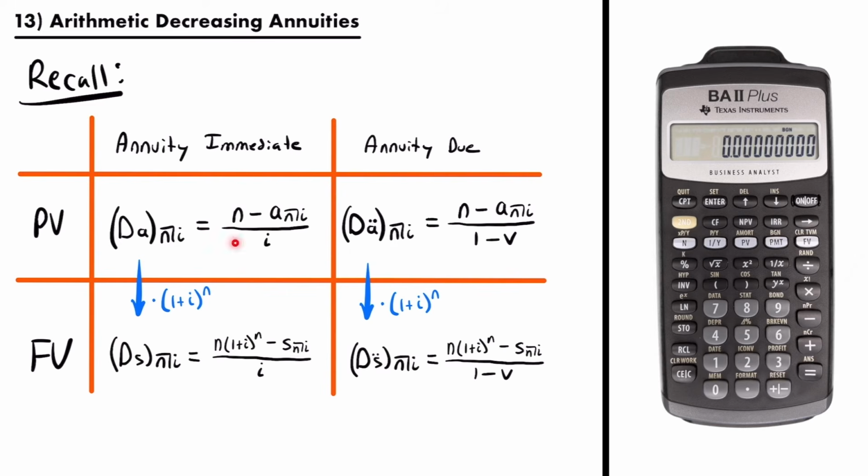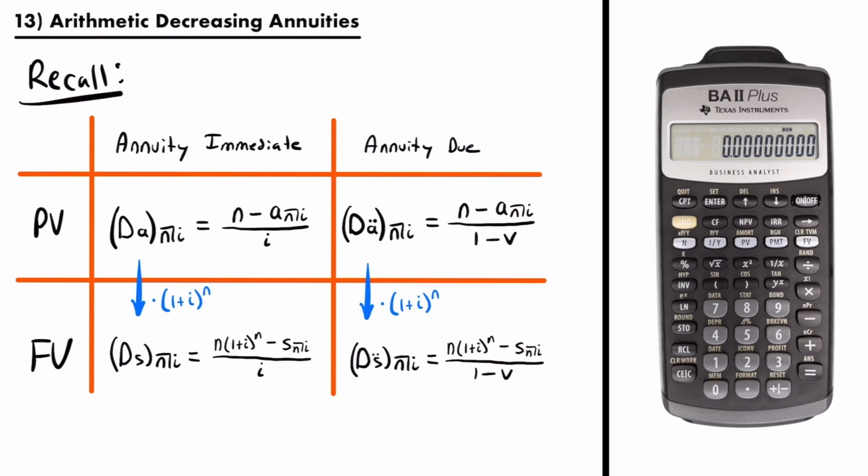Okay, but notice that in each of these expressions or these formulas, just like with an arithmetic increasing annuity, there is an annuity calculation within those formulas, right? So in this formula right here, we have n minus the present value of an annuity immediate, or if you look at this formula here, we have n times 1 plus i to the power of n minus the future value of an annuity immediate, and then those expressions are also found in these two formulas.